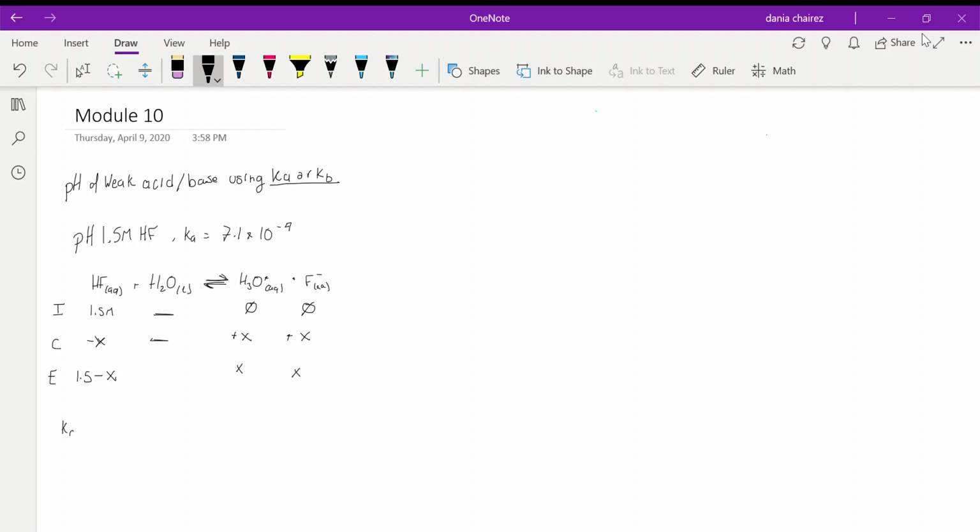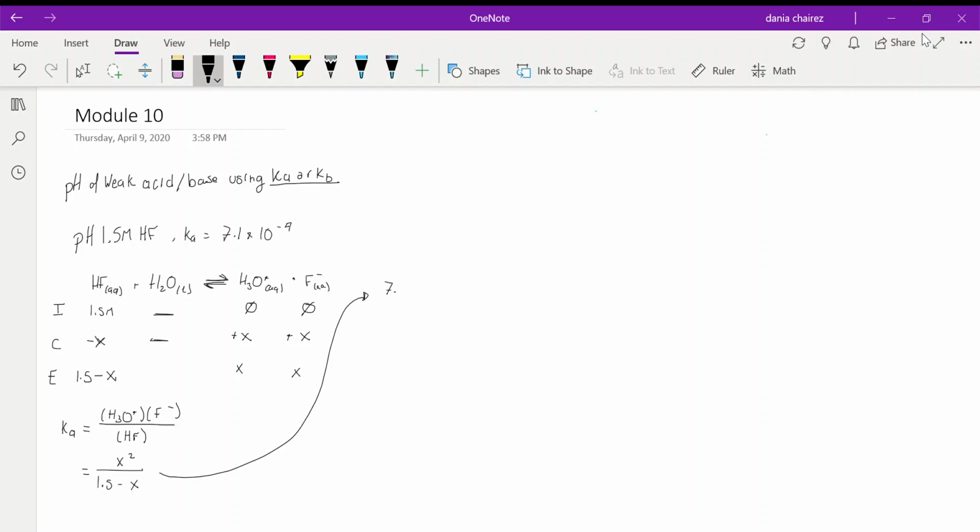So we can write our Ka expression as H3O plus times F minus all over HF. Then that becomes X squared because it's your X times X, and we're replacing HF with 1.5 minus X. I don't have enough room here, so we're going to move this over here.